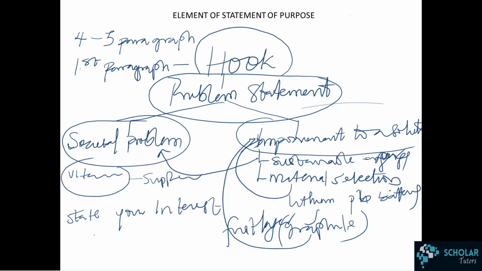Now you are talking sequentially. You've talked about the general view about a field, you've talked about the problem in that field. And sometimes, when you want to talk about a problem or a disadvantage, you should kind of acknowledge an advantage of that field.